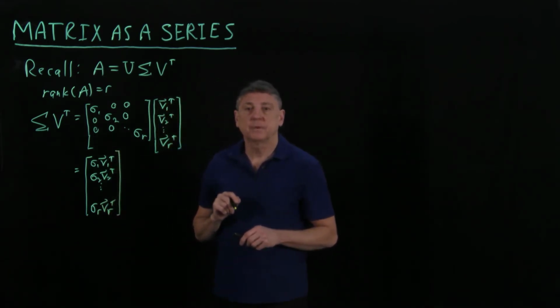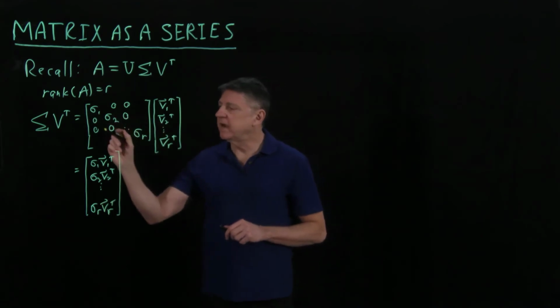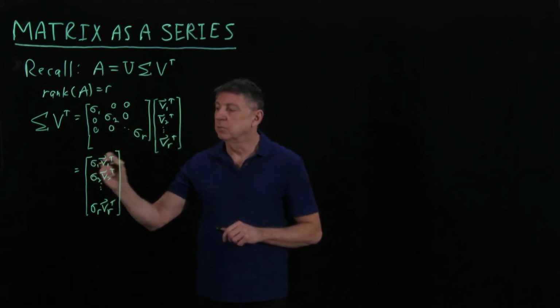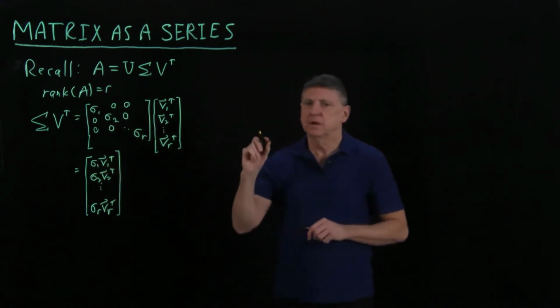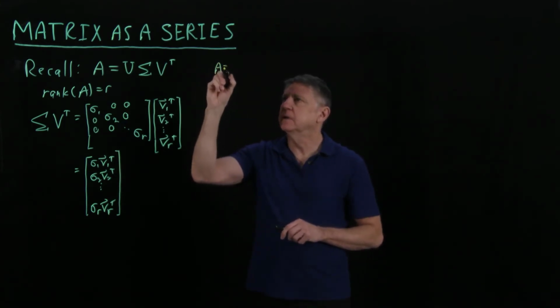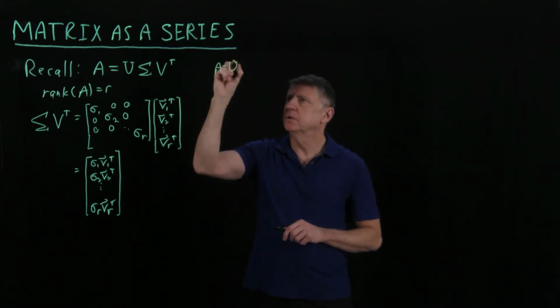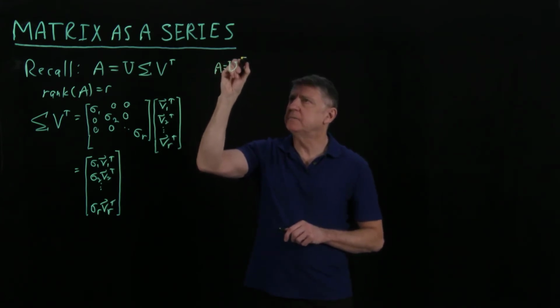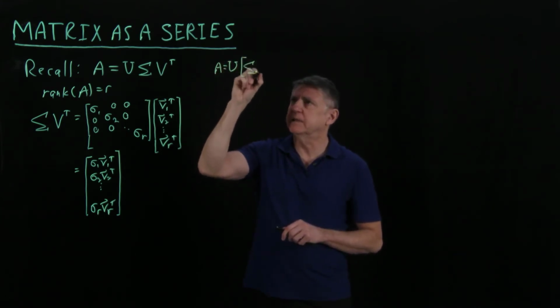Now, what happens when I multiply U by this? The matrix A equals U times this product that we've calculated.